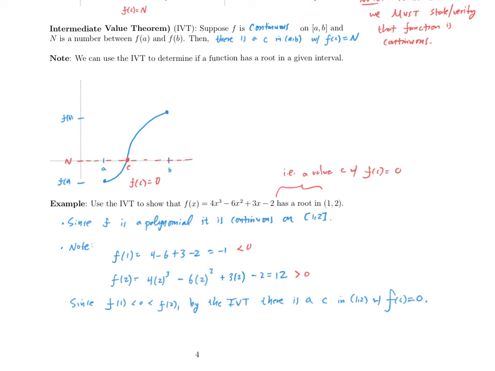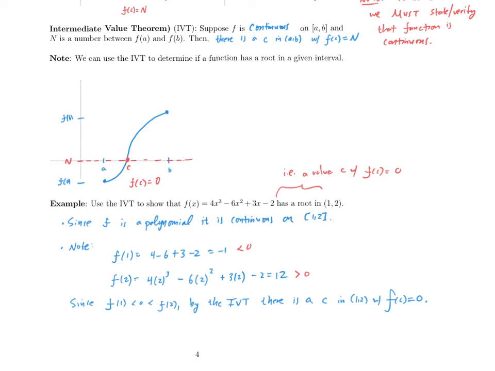And a few things I want to kind of highlight here. One of them is we know there is a c value where this occurs, but note the intermediate value theorem is what's known as an existence theorem. It tells us such a thing exists, but it does not tell us necessarily what it is or how to find it.